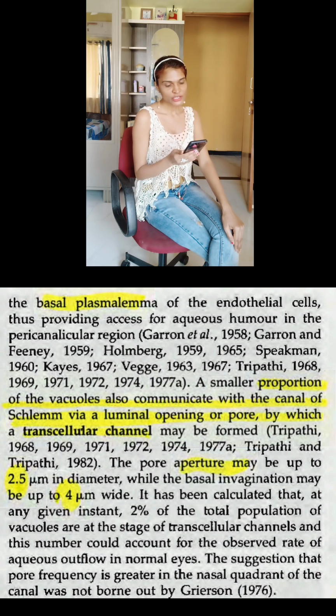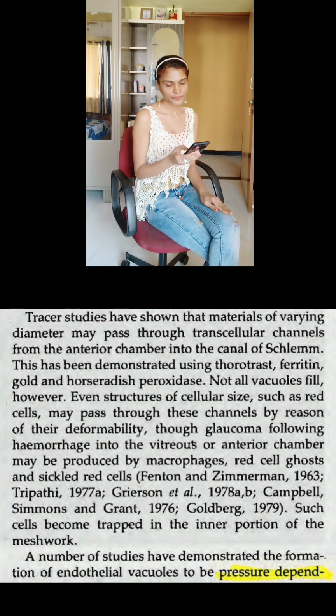It has been calculated that at any given instant, 2% of the total population of vacuoles are at the stage of transcellular channels, and this number could account for the observed rate of aqueous outflow in normal eyes. The suggestion that pore frequency is greater in the nasal quadrant of the canal was not borne out.